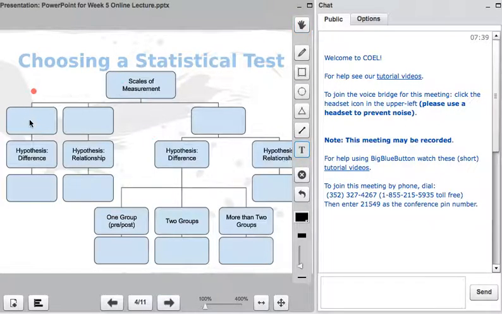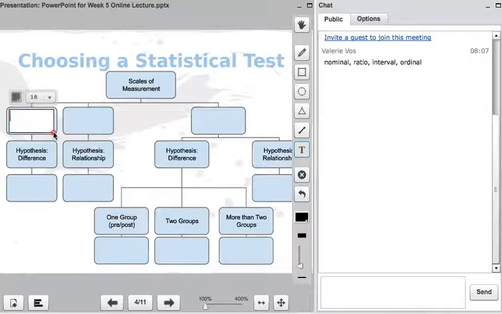So, in these first three boxes, we are working off of scales of measurement. So, what are the 4 different scales of measurement? Okay, perfect.